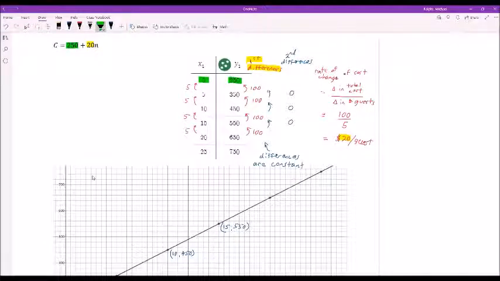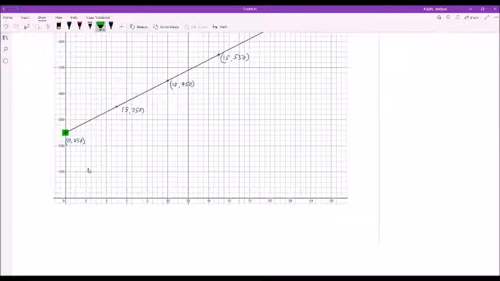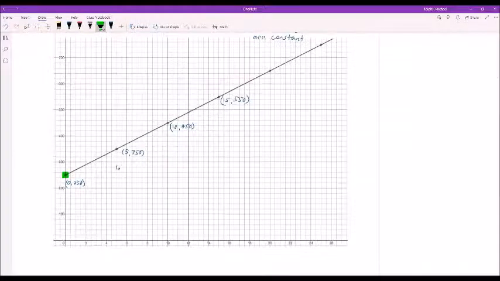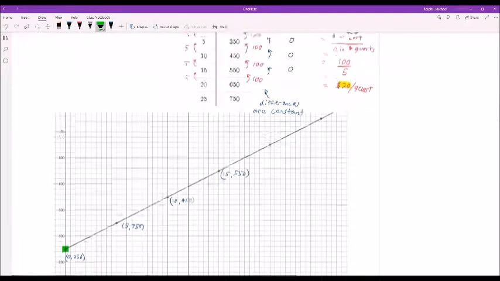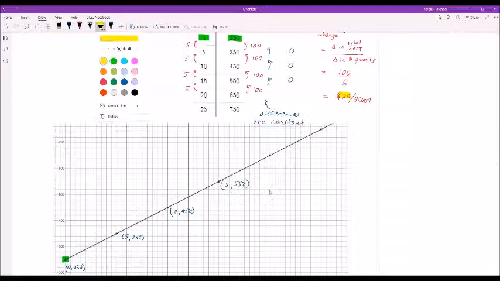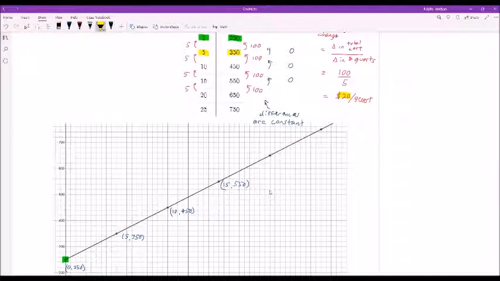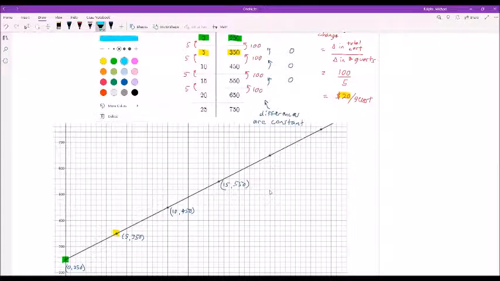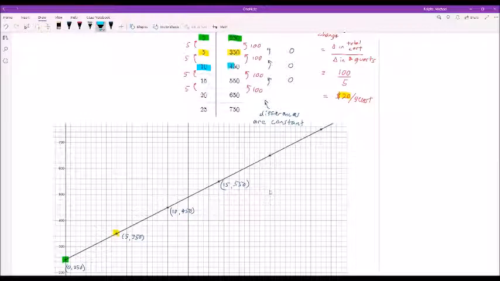Okay, so that's the ordered pair, and that is the first point. Then we've got the second point, 5 guests and 350, and so that is right here. So 5 and 350 matches up with this point. And I'll just highlight one more. 10 and 450 gives us this point here.